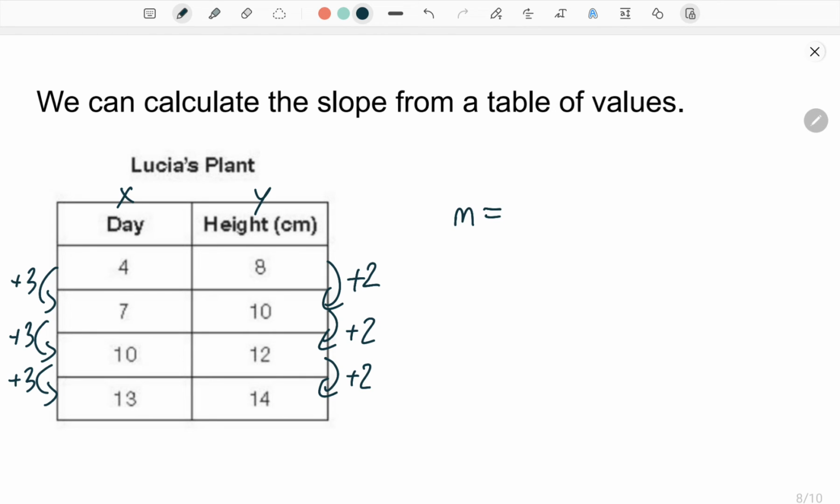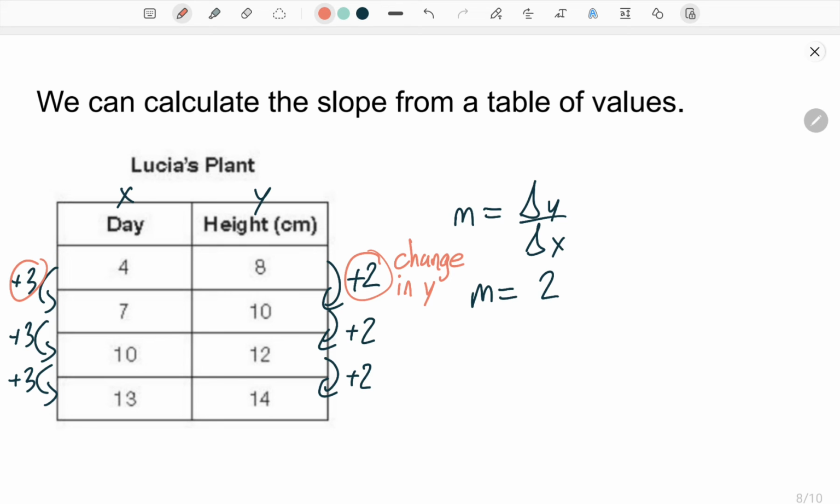And again, this value here, the first difference, is our change in y. So when we're writing out the slope, we know it's delta y, which is change in y, over delta x. So if we know our change in y, we can just put that into our slope value. What's the change in x going to be?